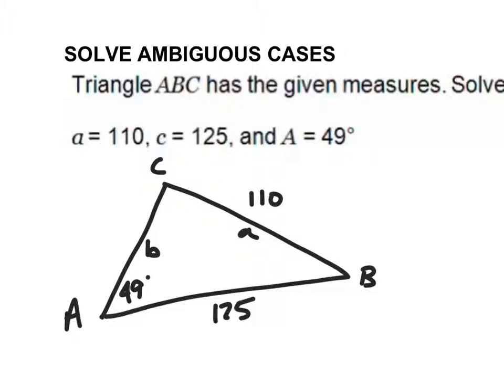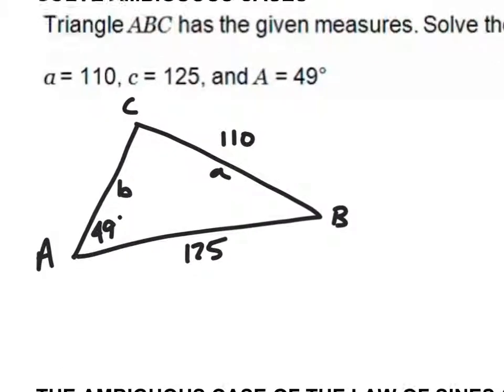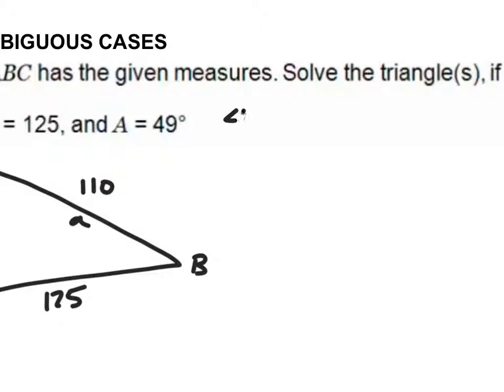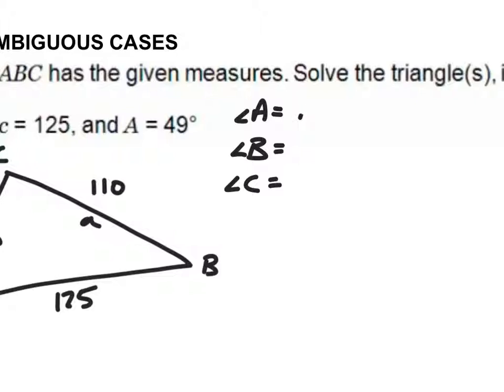So let's figure out what angle C is, because once I figure out what angle C is, then we can figure out angle B right off the bat and then set up a proportion using law of sines to find side length B. So let's first, and I'm going to write this out as angle A, angle B, angle C. All right, so angle A we know to be 49 degrees.